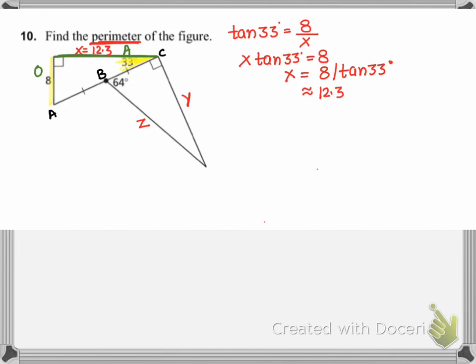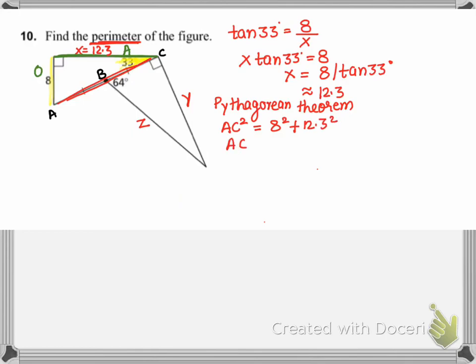In order to find Y, let's first see, I may need this thing. How to solve it? I know by Pythagorean theorem, I can use Pythagorean theorem to find the hypotenuse, because that's AC. So I can say AC square is what? 8 square plus 12.3 square.